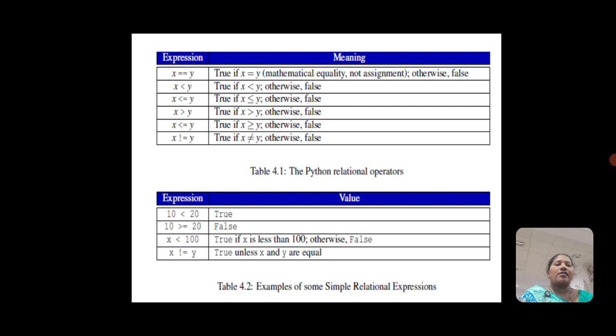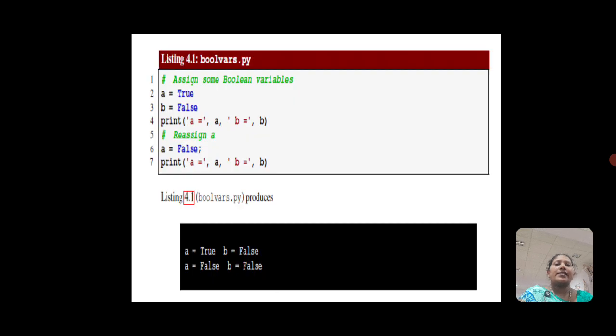If the value of x is less than 100, it will return true. Otherwise, if the value of x is 200, it will return false. Similarly, for x not equal to y, if x is 100 and y is 200, it will return true. Otherwise, it will return false. So these are the Boolean expressions and examples.